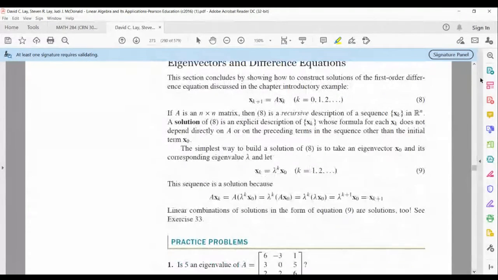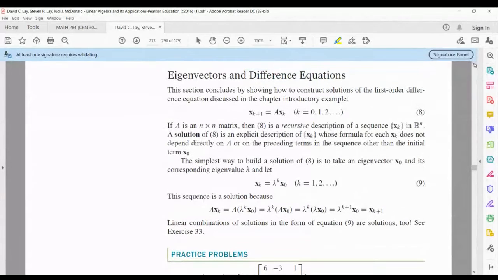Another thing that's important has to do with eigenvectors and difference equations. If you have A times the x sub k vector, that by definition is the x sub k plus 1 vector.